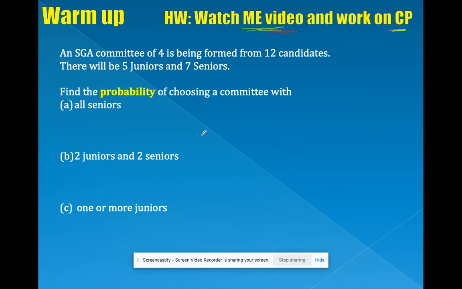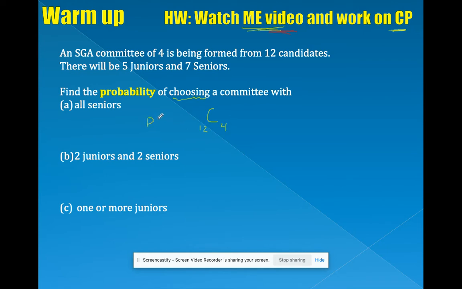So hopefully you've already started to write down this warm-up, where again we have combinations and probability. So I have a committee. I am choosing members from the committee. Doesn't matter the order. So if I want all seniors, that is the combination of 7 seniors, choose 4.